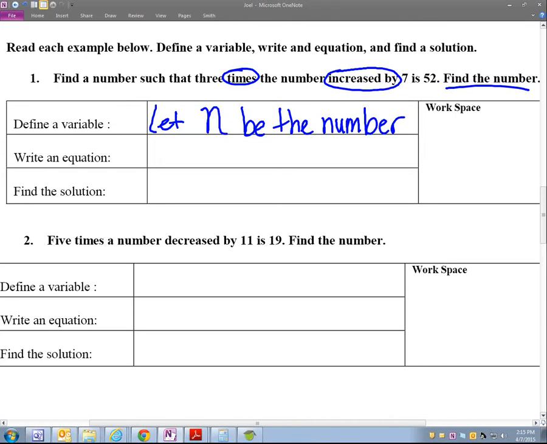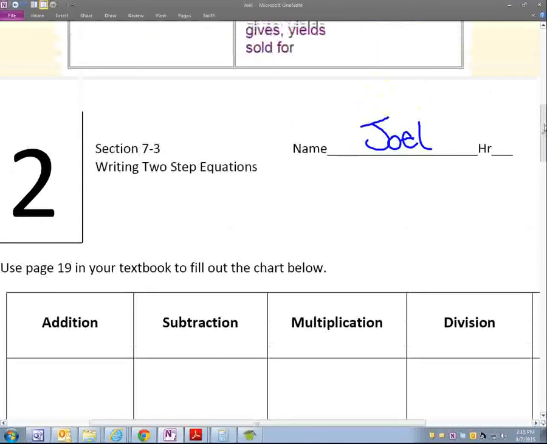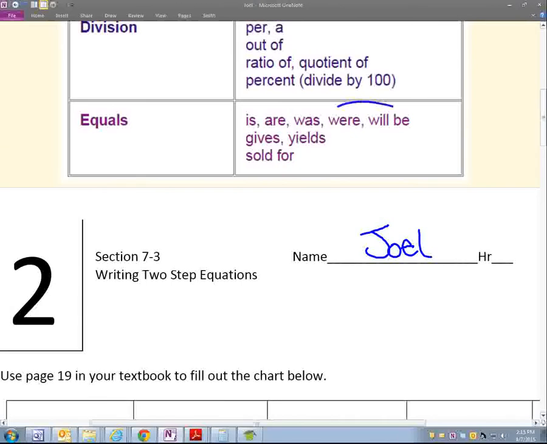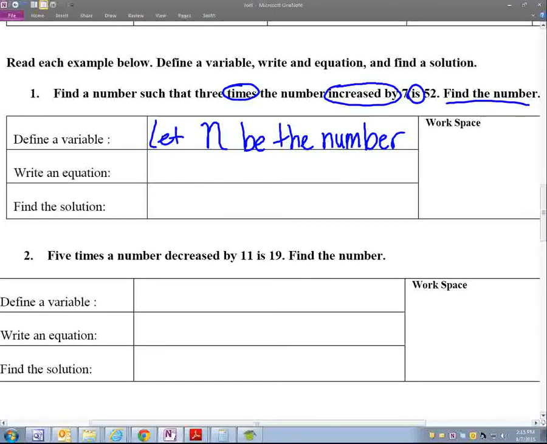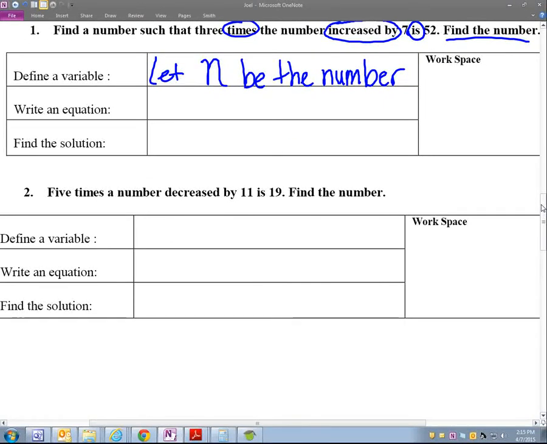Nope. Good guess, though. It's going to be one of them that's up here. Maybe one of these. Yeah, I heard it whispered. Is. I heard it whispered. Is.